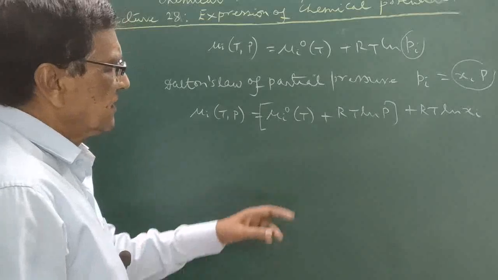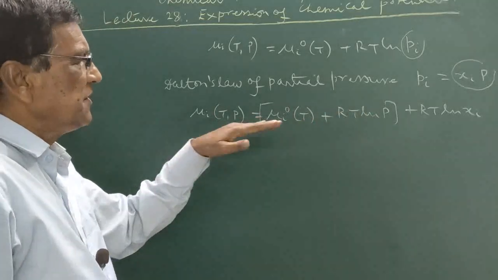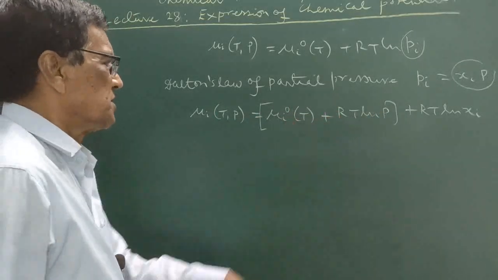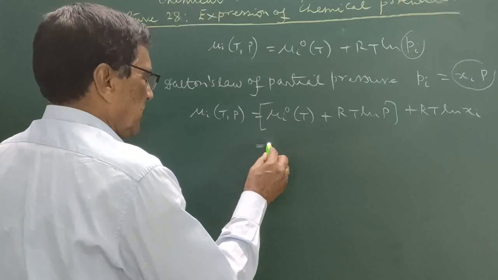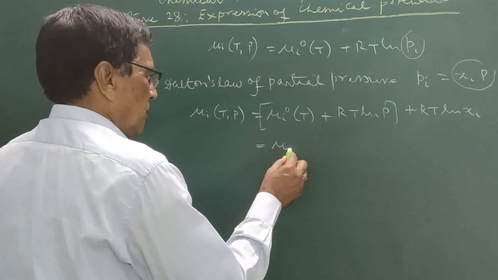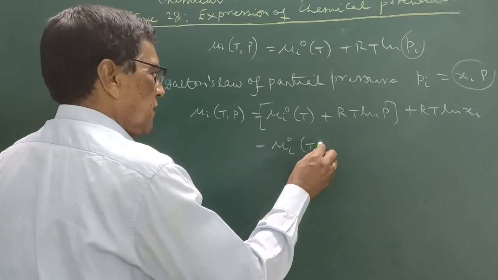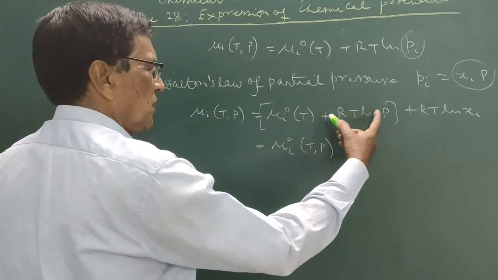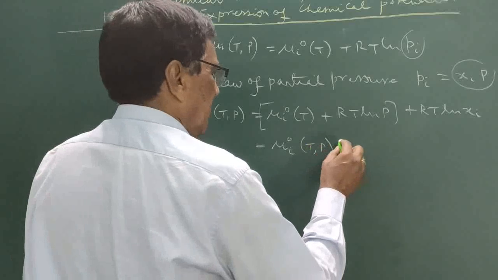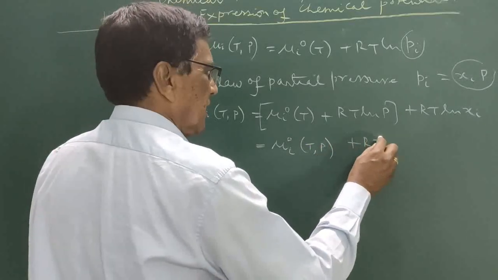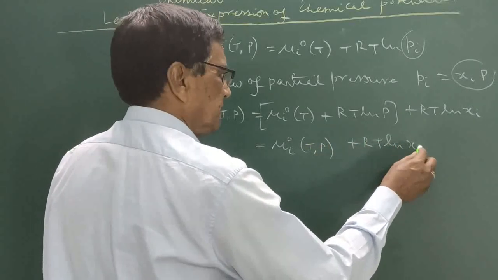At a given temperature and pressure these two are constant, so it could be written as mu i naught, where temperature and pressure both are variable here, plus RT ln Xi.